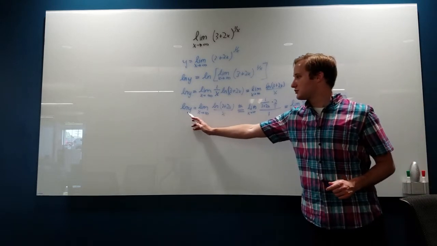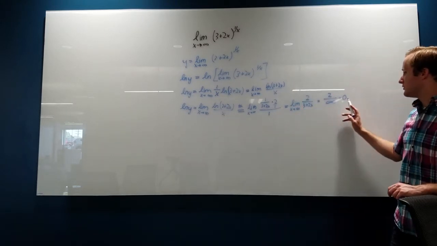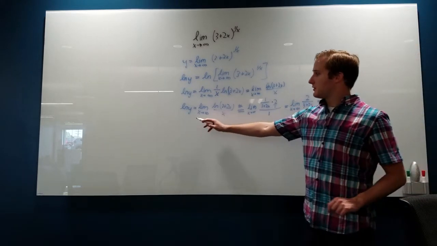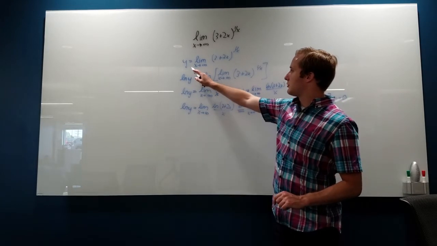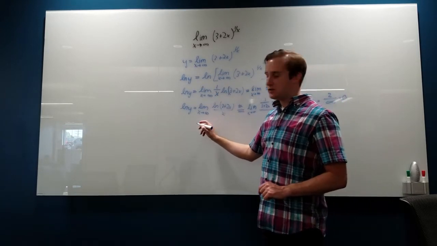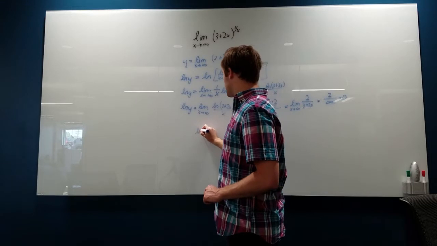Okay, great. So now we know that the natural log of y is equal to 0. But remember that we're not looking for the natural log of y, we're looking for y. And so we'll need to do one last thing in order to isolate y.